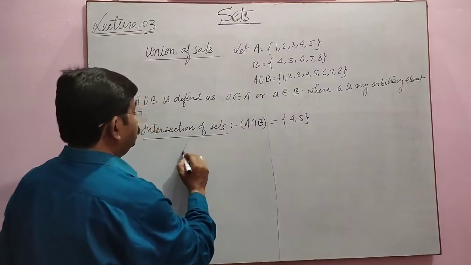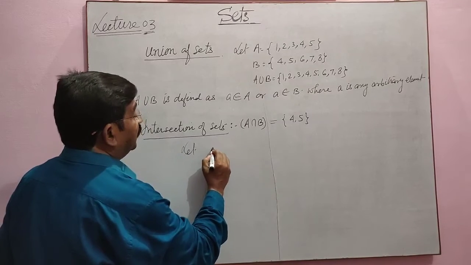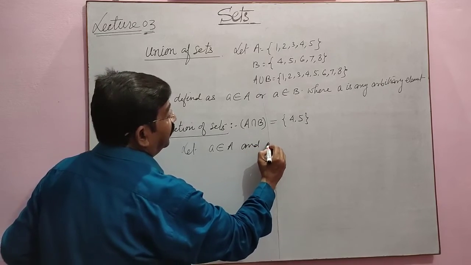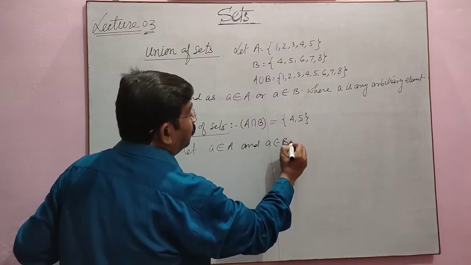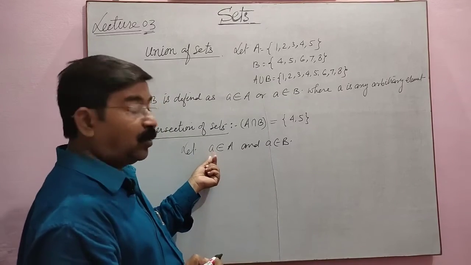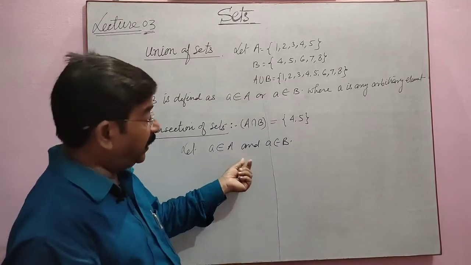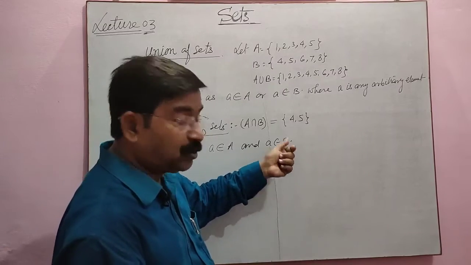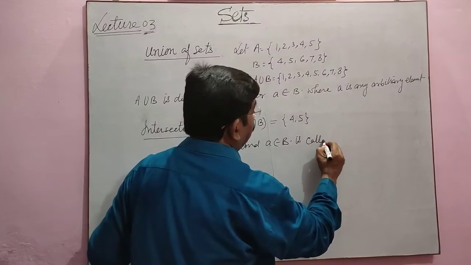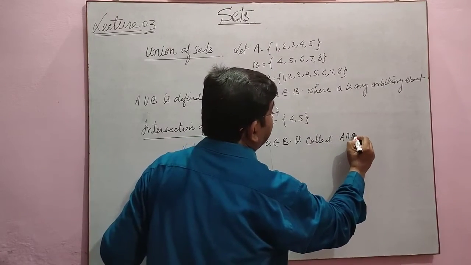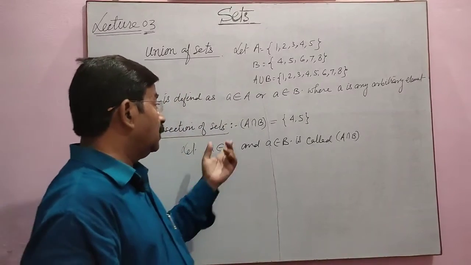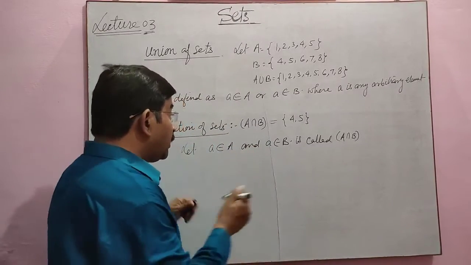So let x belong to A and x belong to B. Means the element x is belonging to A and the same element is belonging to B. This is called A intersection B. For A intersection B we use the word AND.